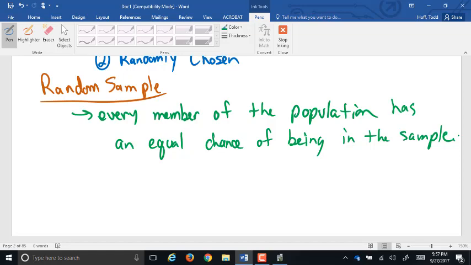So we get them as random as possible. Now, there's a lot of methods of sampling. We're not going to go through them here because this is not an official statistics course. There's systematic, there's cluster samples, there's simple random samples, there's all sorts of them out there that you would hear about. But I'm trying to limit the vocabulary.